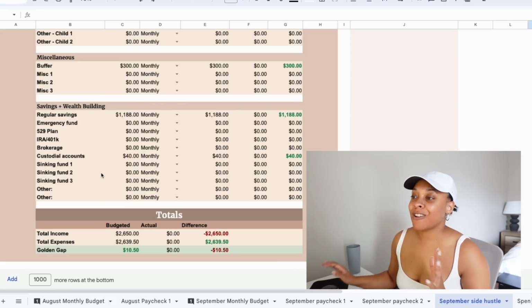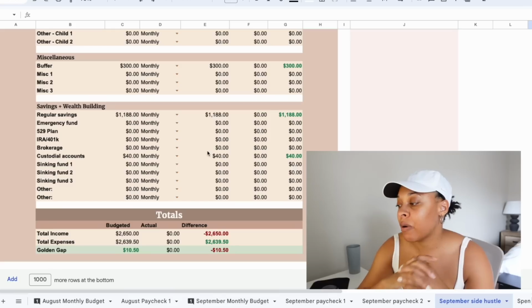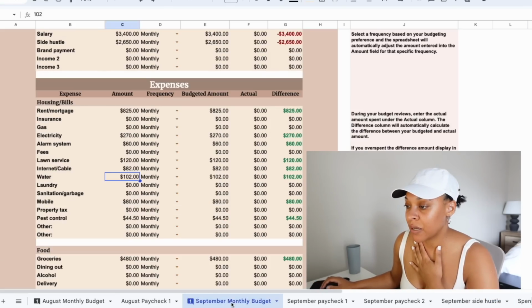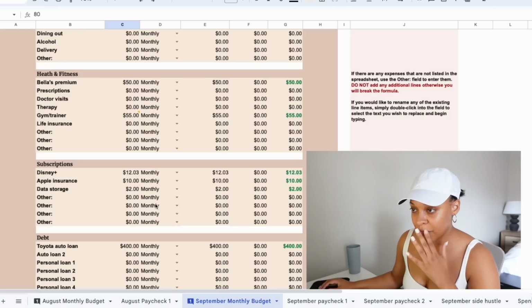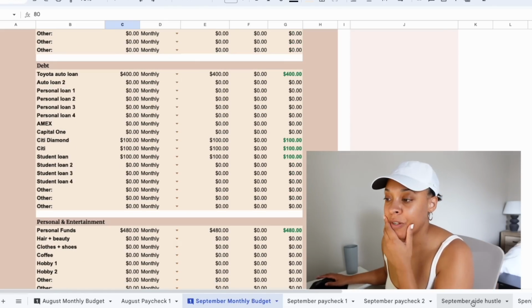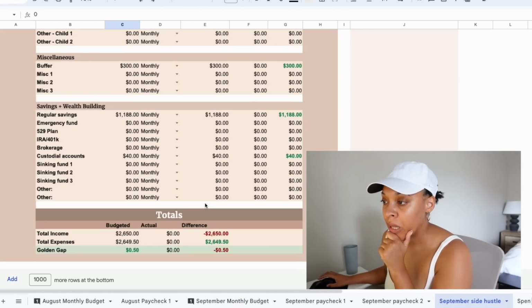We're at $10.50. I did zero out September's budget, so I know something is missing. Something's off. All right, so I found out what it was. It was electric.